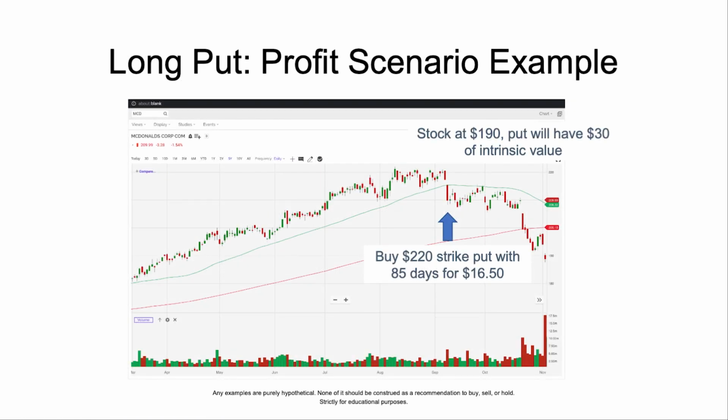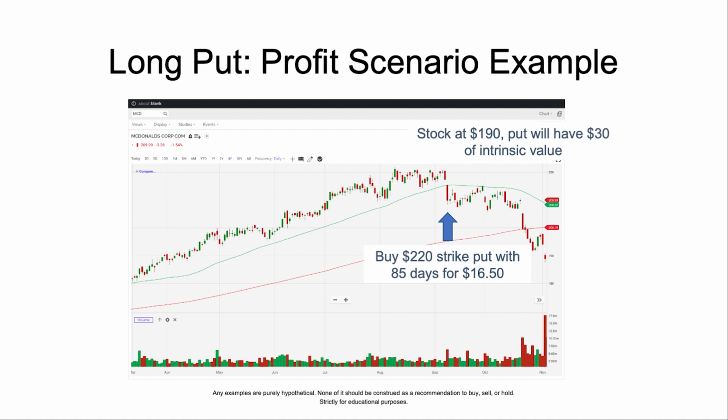Now, we might buy a put with a 220 strike price, 85 days remaining until expiration for $16.50 per share. With the stock trading at about 210, of the $16.50, about $10 will be intrinsic value and the remainder will be time value.